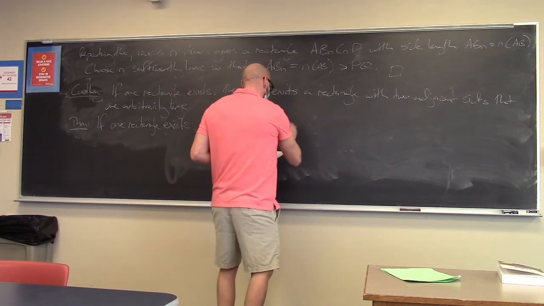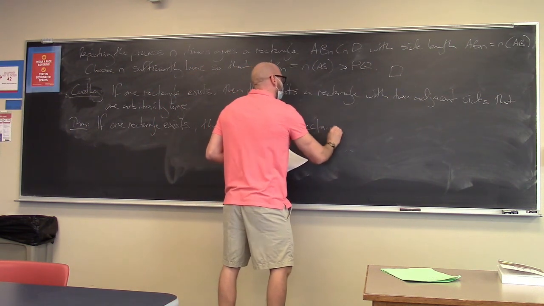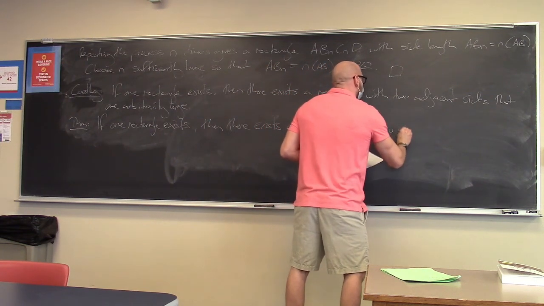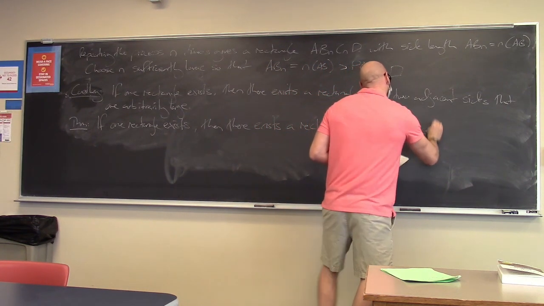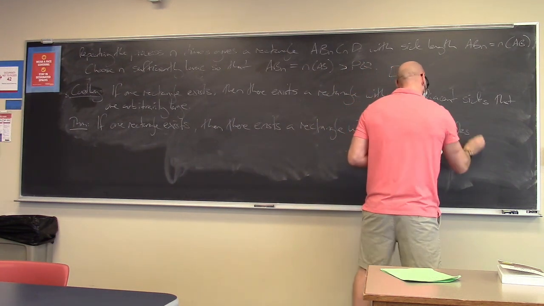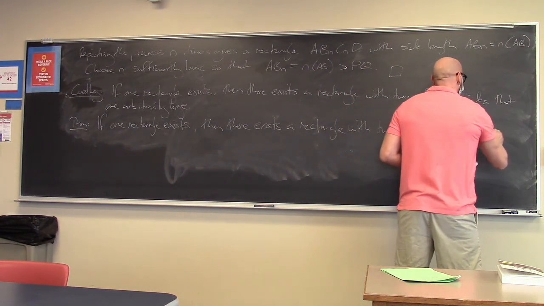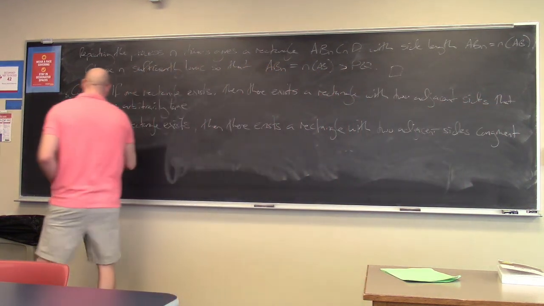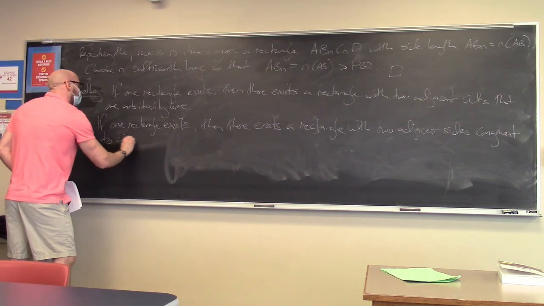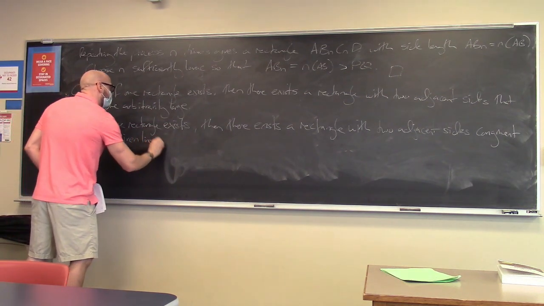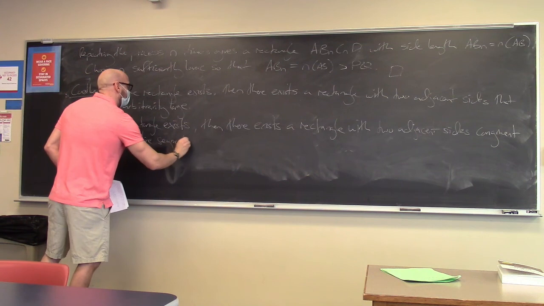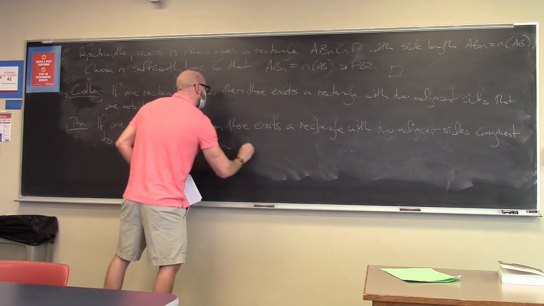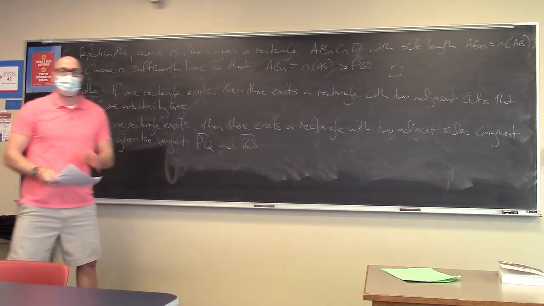If one rectangle exists, then there exists a rectangle with two adjacent sides congruent to given line segments PQ and RS.